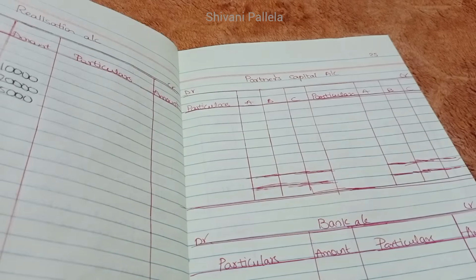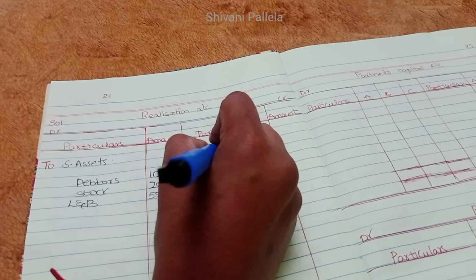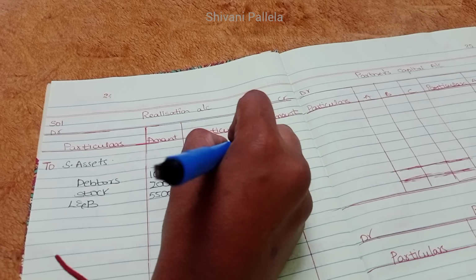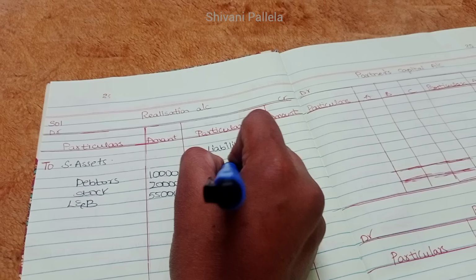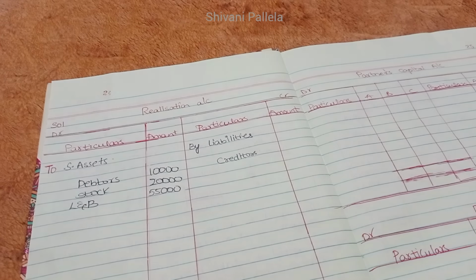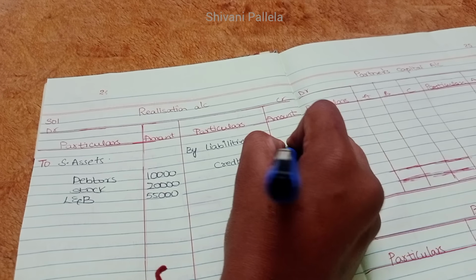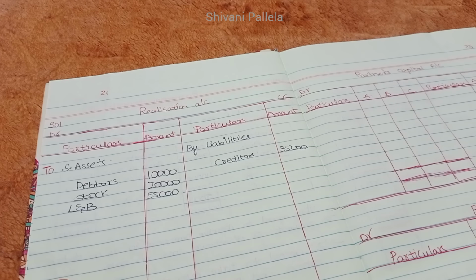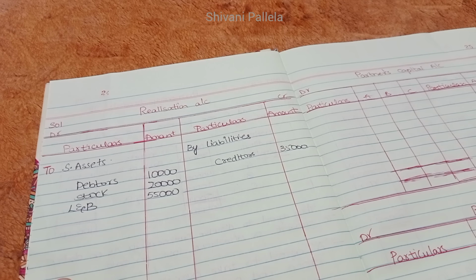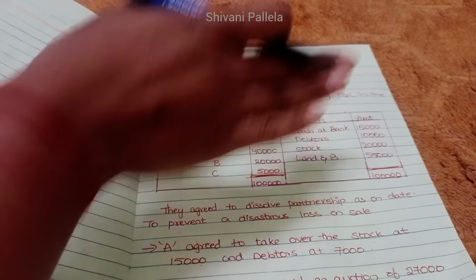Creditors we need to credit in the realization account, by liabilities. How much is the creditors value? 35,000. Okay students, 35,000. Next, what we need to do? We need to look into the question. The balance sheet is over.